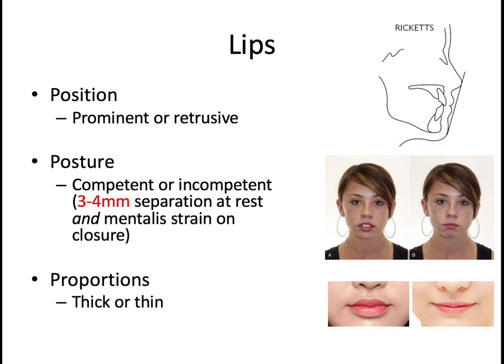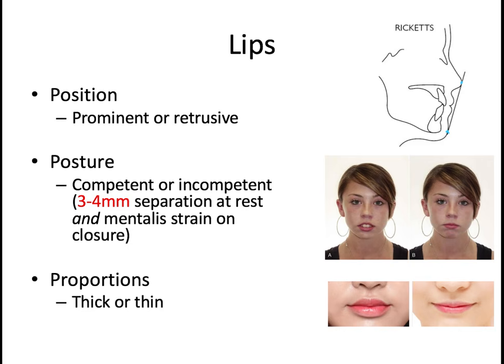So for lip position, we draw a line that's tangent to the nose and the chin. So this line right here, tangent to both of those 2 points, is called Ricketts' E line or aesthetic line.